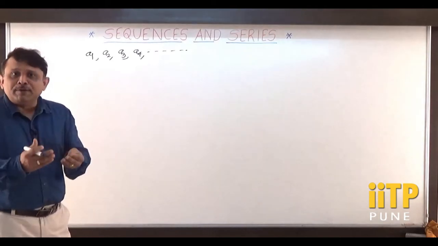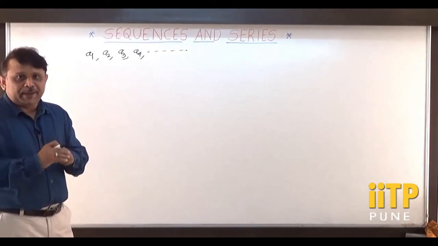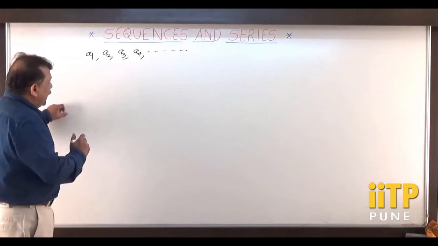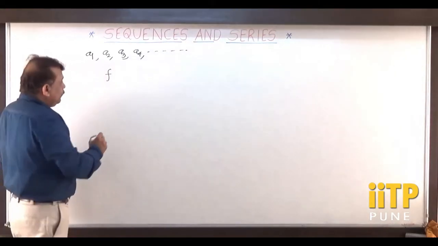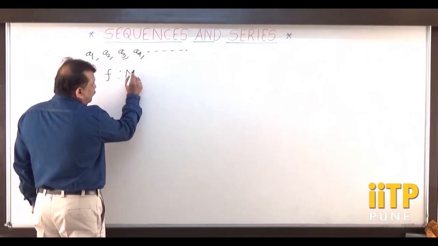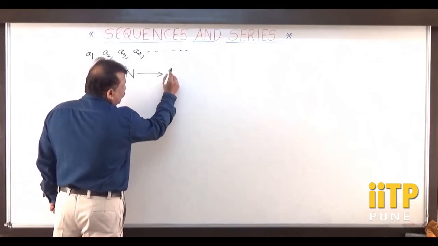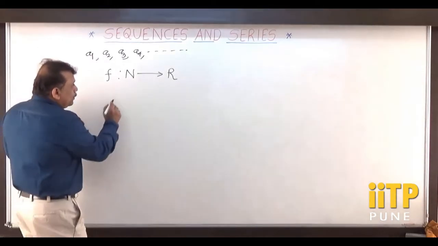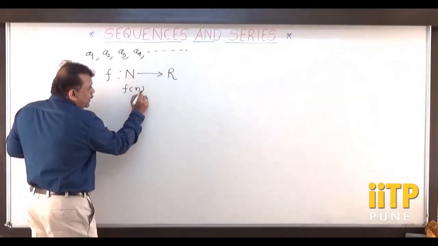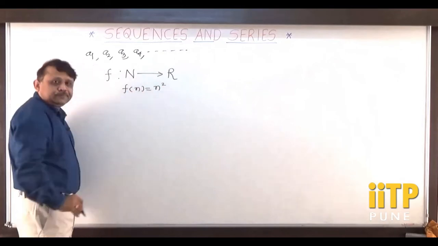But we can look upon this sequence in a different way. Consider a function f, which is defined from the set of natural numbers to, say, R, by some rule, say f of n is n square.